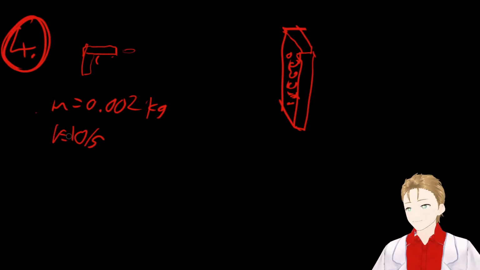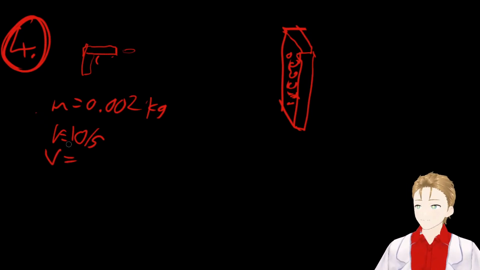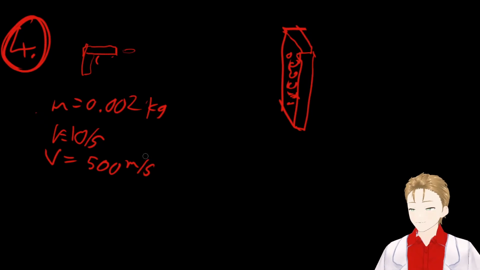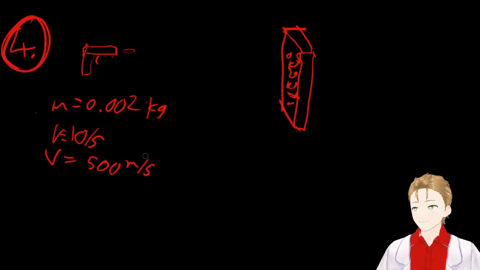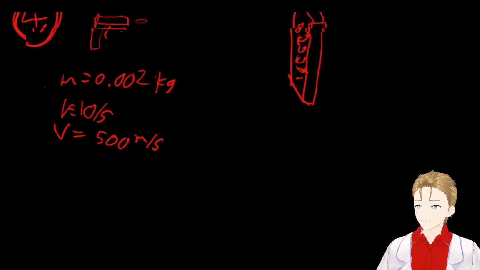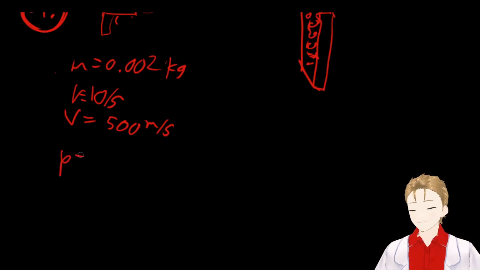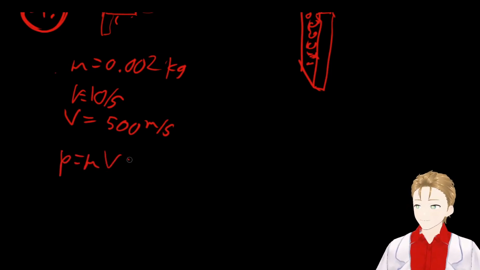Again, I'm going to note the rate. So the speed is 500 meters per second. What is the magnitude of the linear momentum of each pellet? Momentum is just mass times velocity.